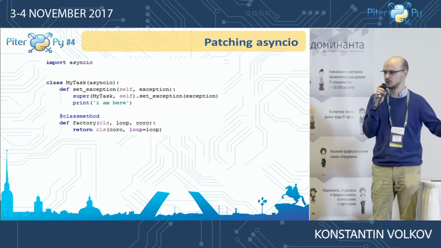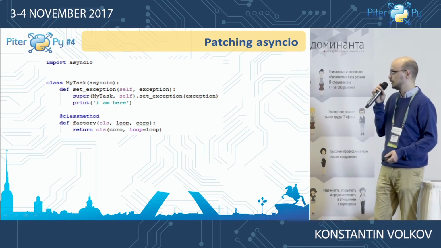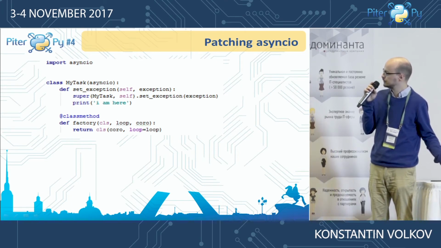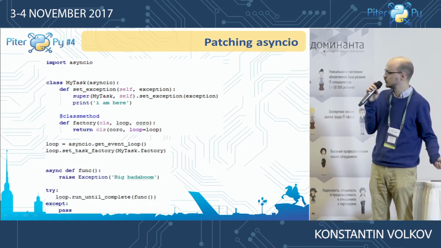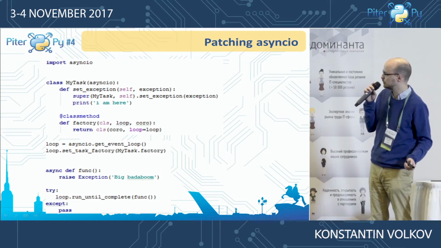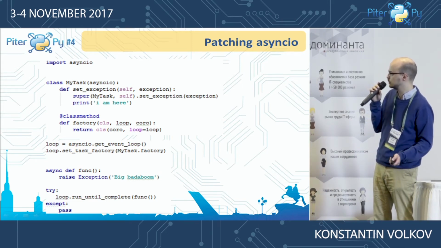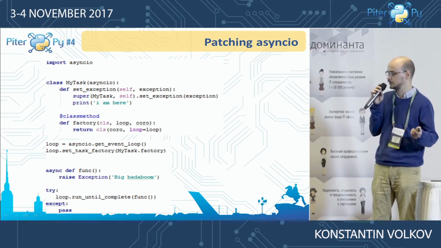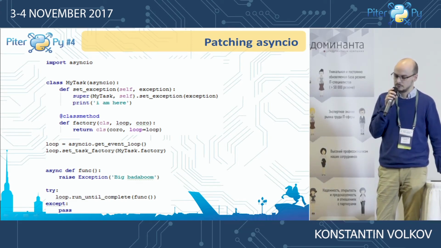Then we had the monitoring, but the point is that in Python 3.5, which we used, here is the loop and the function and the exception, and it reads I am here.